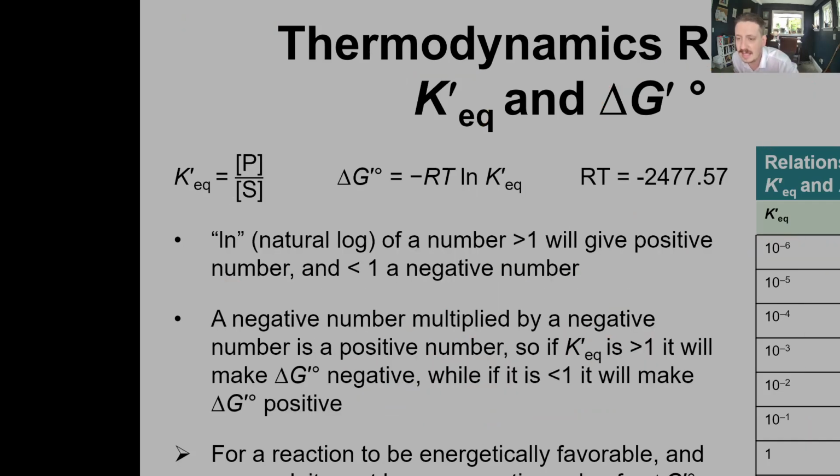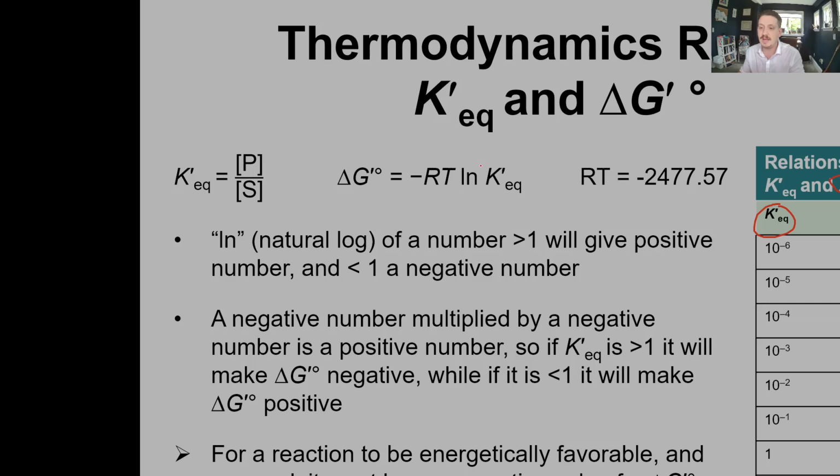And so what this is telling us is that what we do as biochemists is that we catalog all of the enzymes to find out what their biochemical delta G is. We'll take an enzyme, put it in a pH 7 solution, 1 molar of substrate, 1 molar of product, leave it for a little while, see the ratio of product to substrate, and then that's going to be your KEQ.